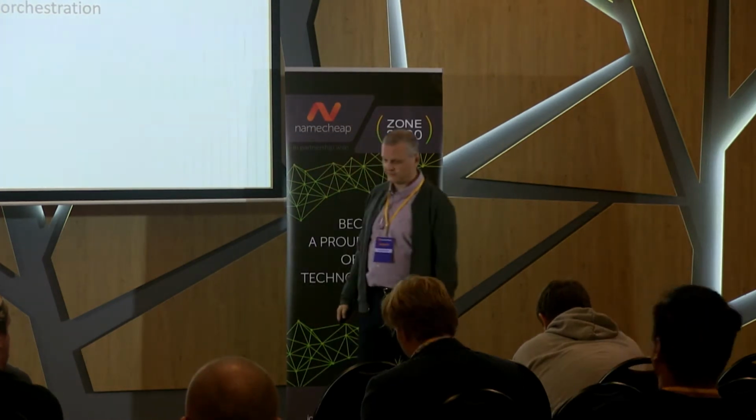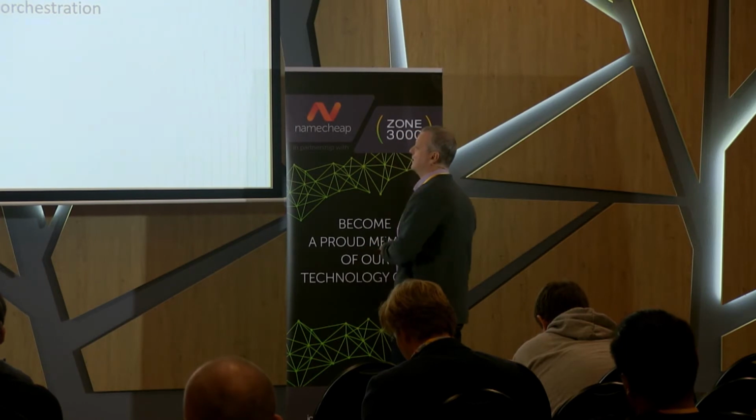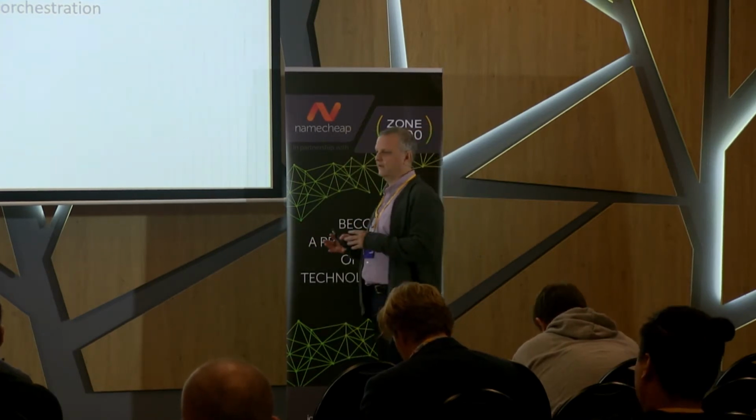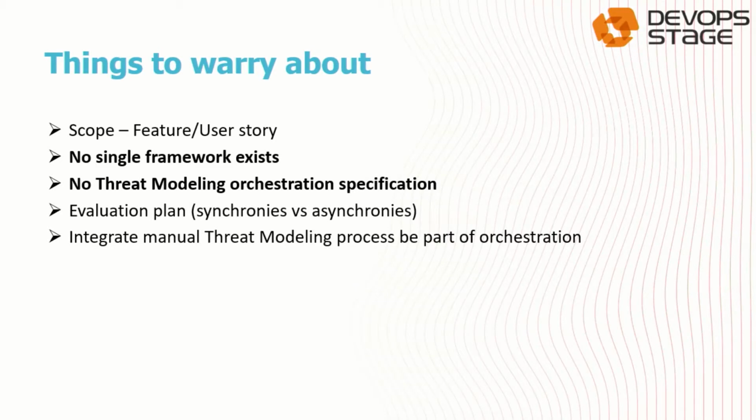Things to worry about, or some kind of limitations, I would say. First of all, we don't have a single framework to cover this process end to end. We have tools to provide us a way to generate patterns and select patterns, as you've seen in the previous slides.